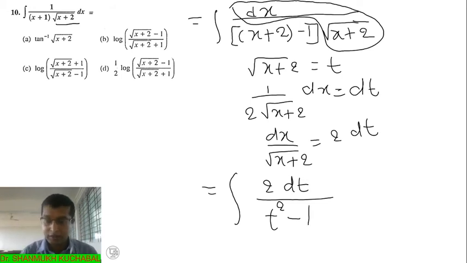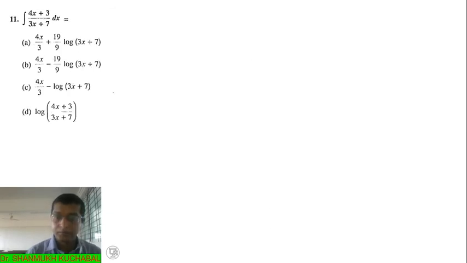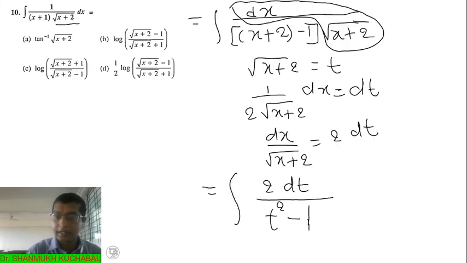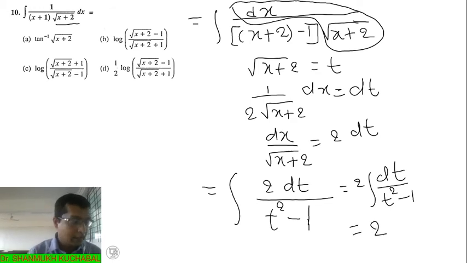So 2 we take common outside, and we get dt divided by t square minus 1, with 2 as it is.